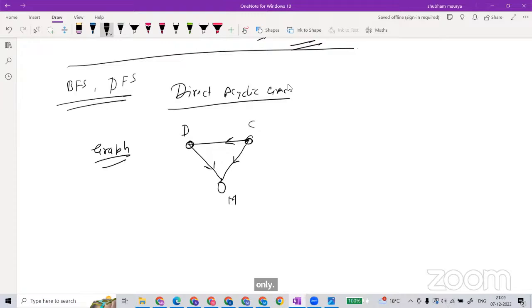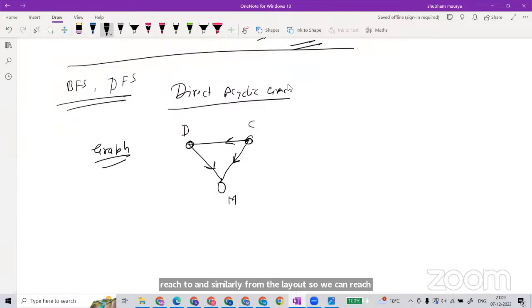To reach Mumbai from Chennai, the arrow and edge represent a direct flight, a path between these two airports. So from Chennai directly we can reach Mumbai, and similarly from Delhi also we can reach Mumbai.